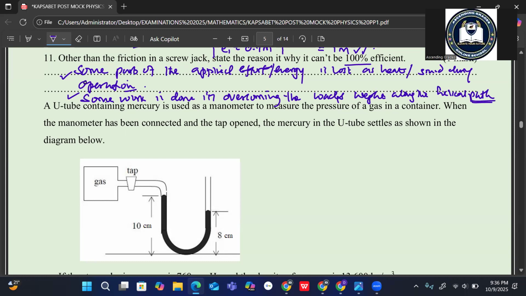Remember, we have the threads that are in a helical manner.